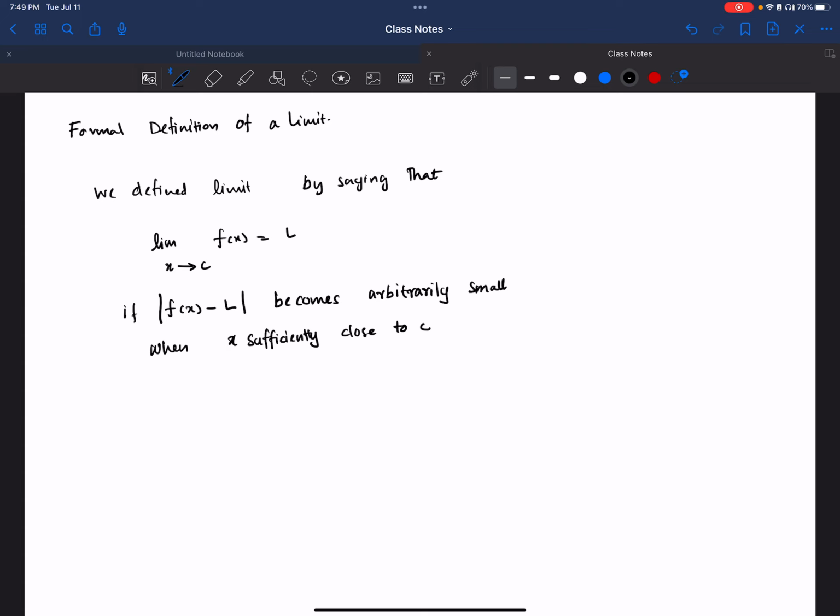Now, what does that mean? If I show you in a graph, we have function f of x and c in here. C can be reached from either the negative side or the positive side.